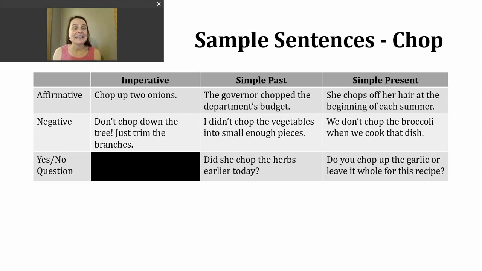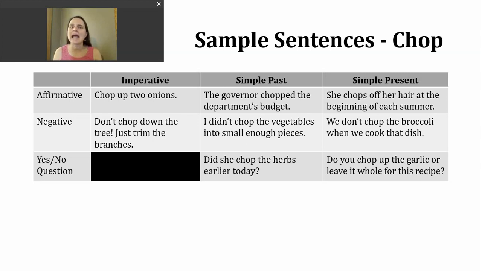Next, let's look at negative. To make negative in the simple present, we're going to use does not and then the base verb if our subject is he, she, or it, or do not and the base verb if our subject is I, you, we, or they. Here's an example sentence. We don't chop the broccoli when we cook that dish.